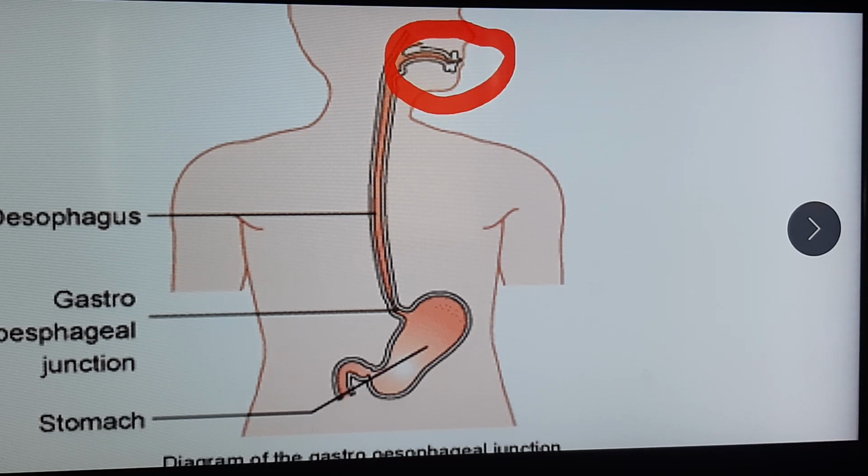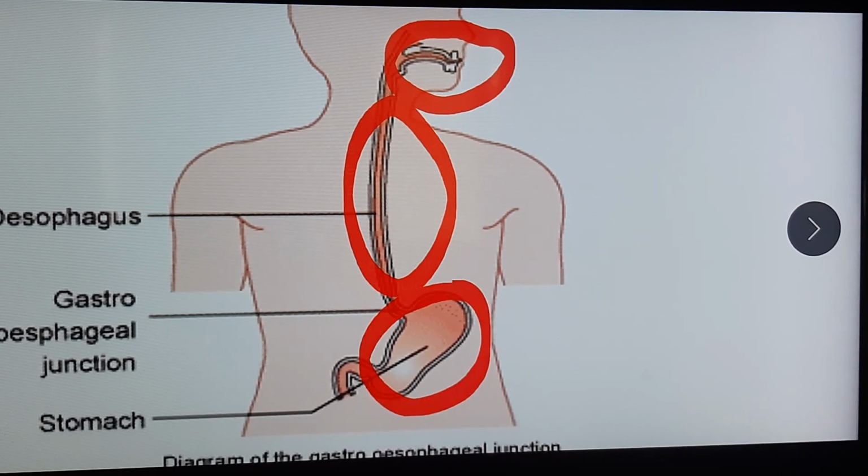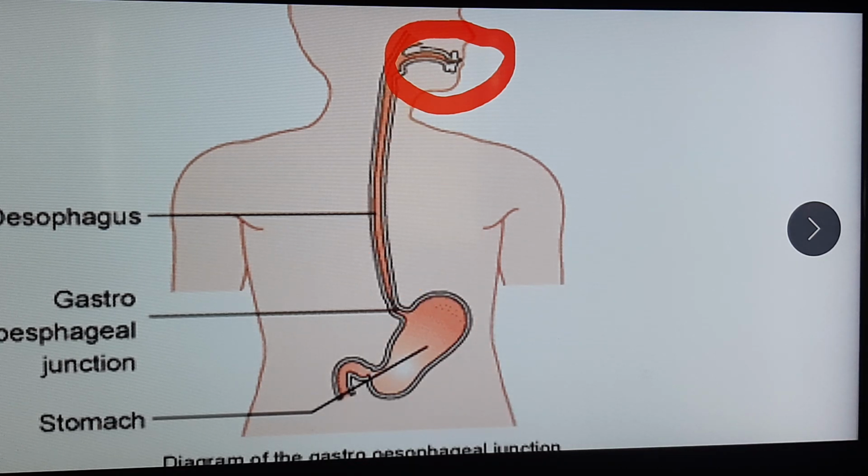From this the food comes into this esophagus, the food pipe, and from the esophagus it comes into this stomach, and from the stomach it goes into the small intestine, and from the small intestine it is pushed down into the large intestine. So this is the diagram of the human digestive system.